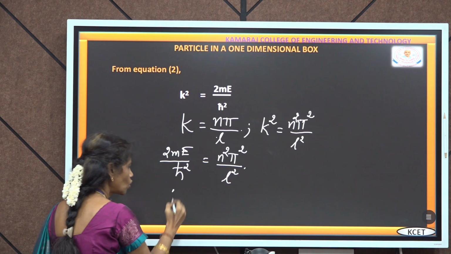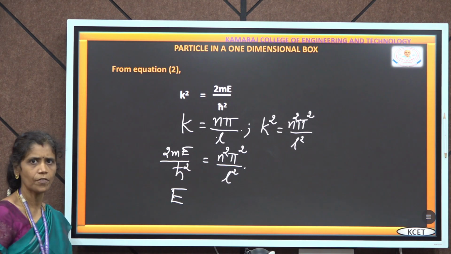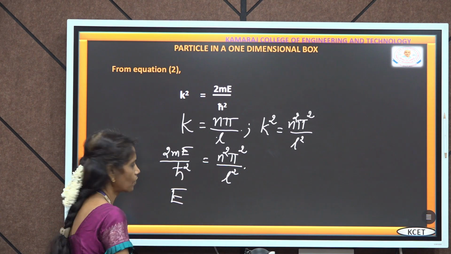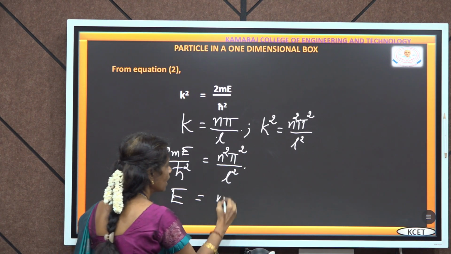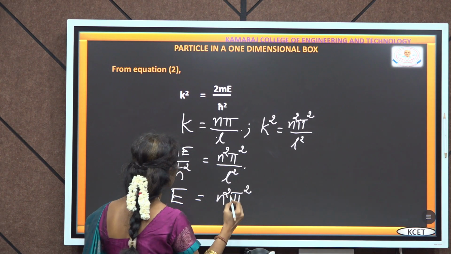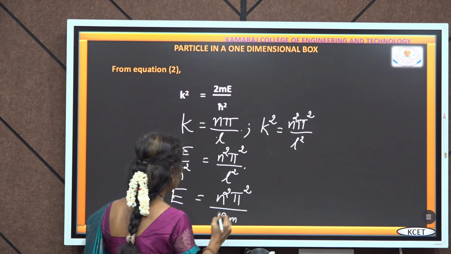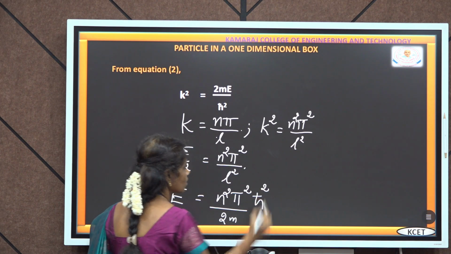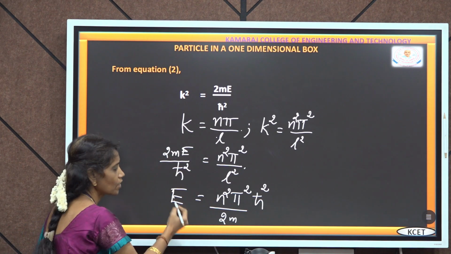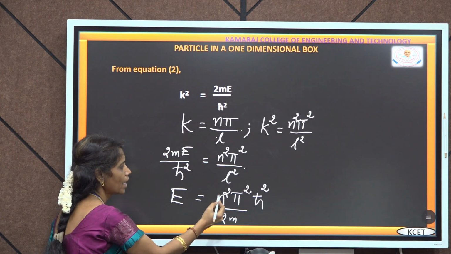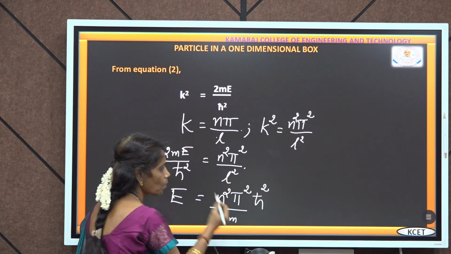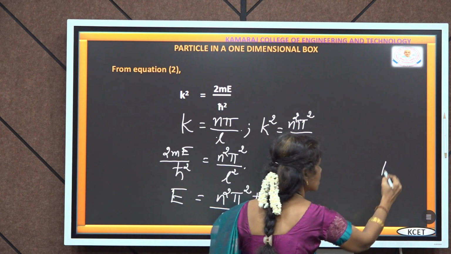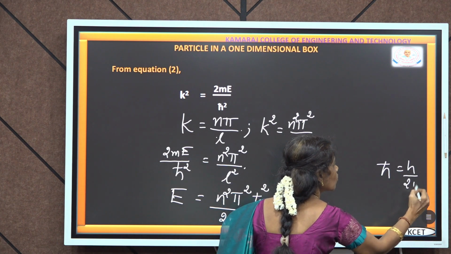We want to find out the energy value of the particle in the one dimensional box. Hence, I am rewriting this equation as E is equal to n square pi square h cross square divided by 2m. We know that h cross is equal to h by 2 pi.